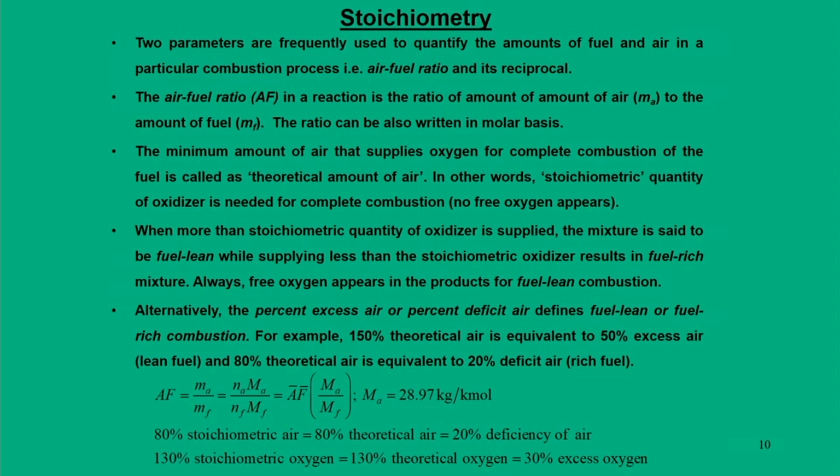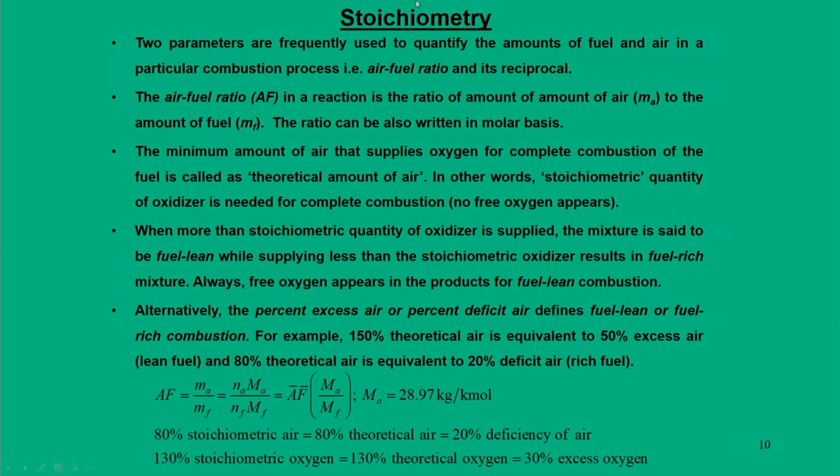When I say a complete combustion process, that means the fuel requires an adequate or exact quantity of air for complete combustion. If this happens, then we call it stoichiometric conditions. That means in a complete combustion process, stoichiometric air has to be supplied.